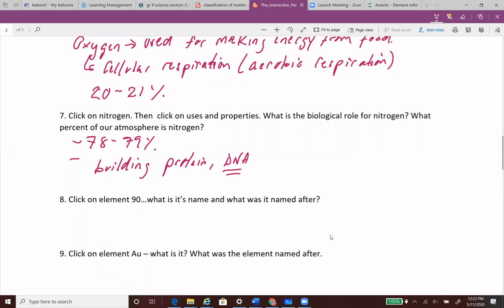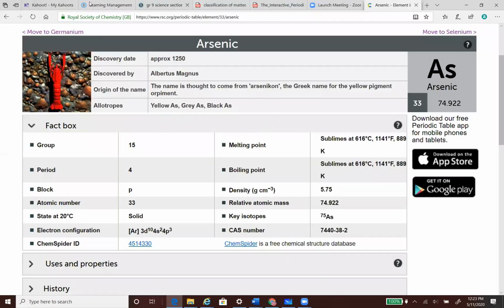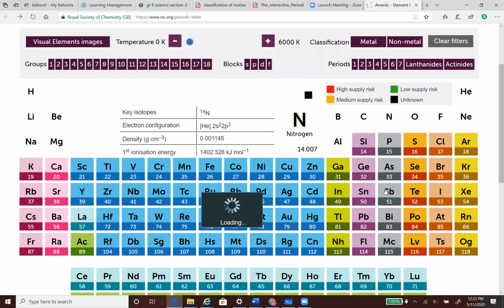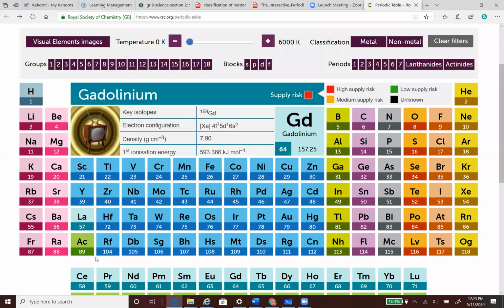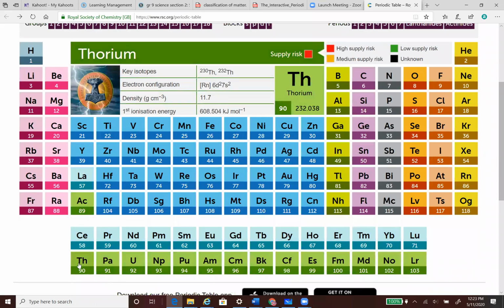Click on element 90. What is it named after? Those of you who are Marvel fans should know this one. Element number 90, we go back to the periodic table. Where's number 90? Number 90 is right here.